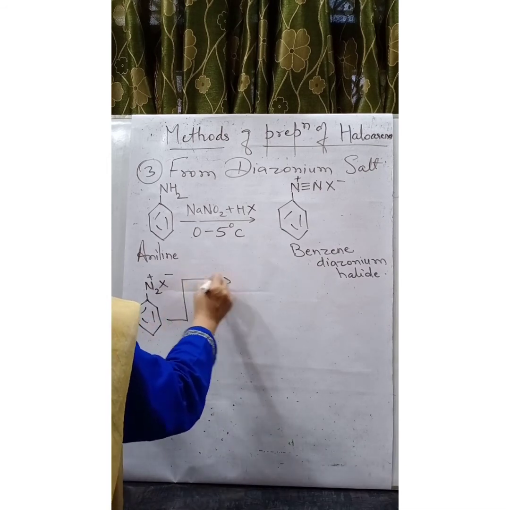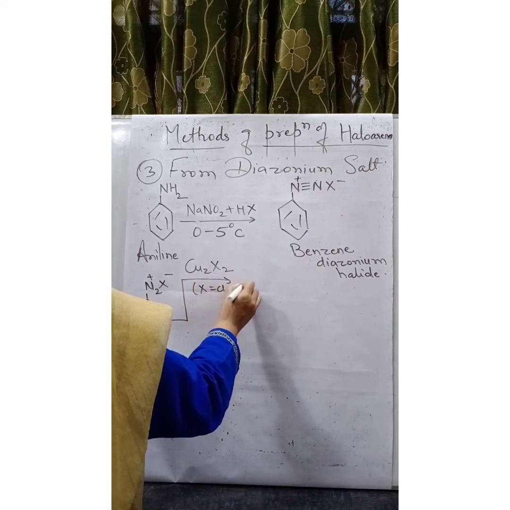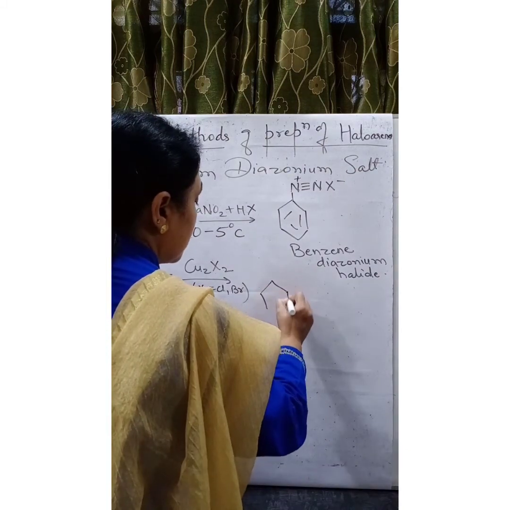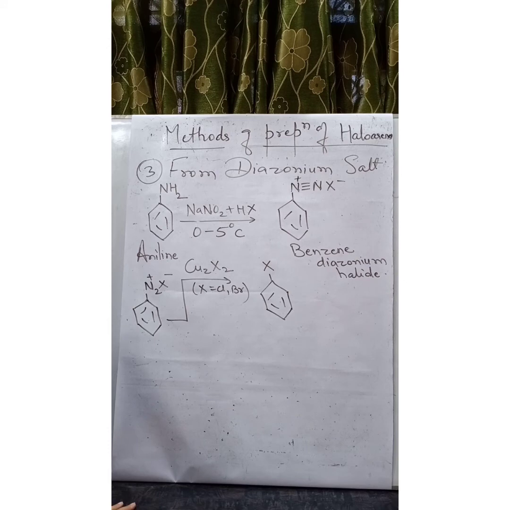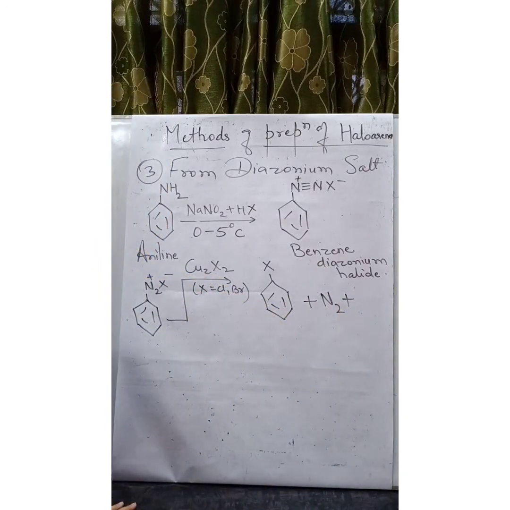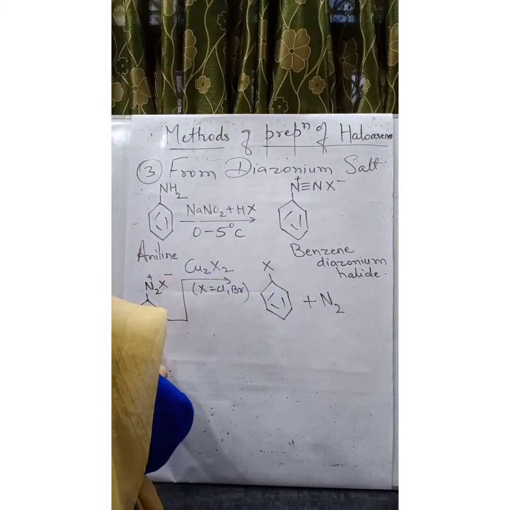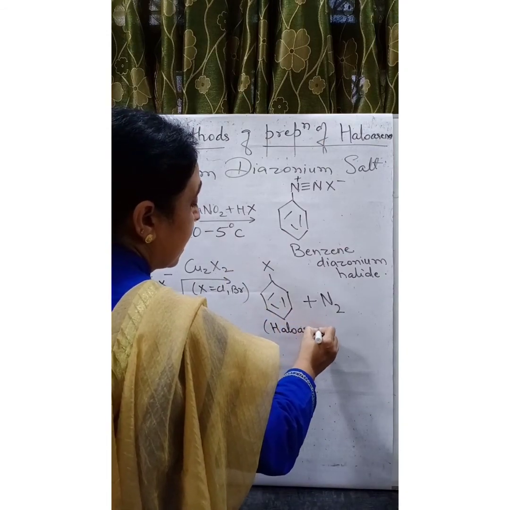When we treat it with cuprous halide, Cu2X2, where X stands for chlorine or bromine, we get a halogen in the benzene ring, that is haloarene, plus N2 is liberated, plus CuX2. So benzene diazonium halide, when treated with cuprous halide, gives haloarene and N2.